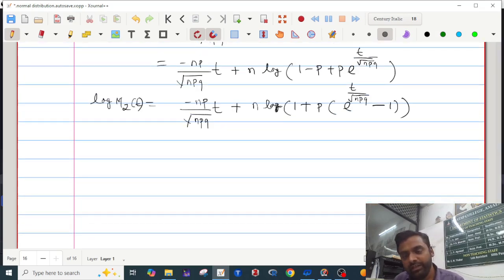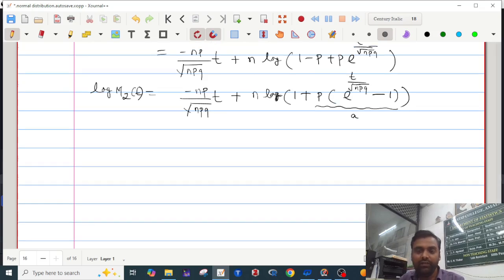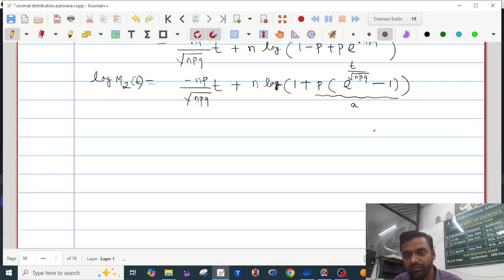Now this is a, and we will use the series log of 1 plus a equals a minus a square by 2 plus a cube by 3 minus a raised to 4 by 4 and so on.